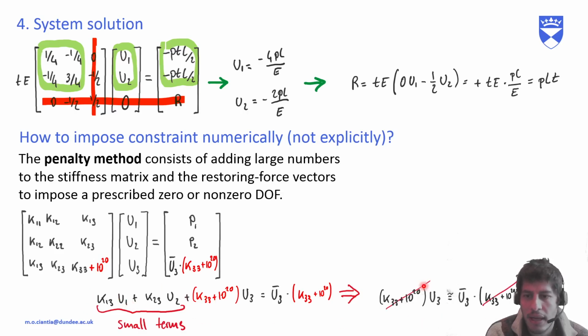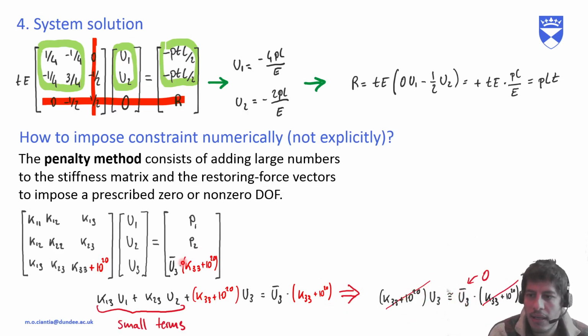And by doing so, we can immediately see that u3, which we didn't know for this system, is actually equal or almost equal to u3 that we are imposing. Now, in this case, u3 that we imposed was 0, so u3 is 0. But u3 could actually be a prescribed settlement, prescribed displacement, etc. So if you want to impose a prescribed displacement which has a non-zero value, this would still work.